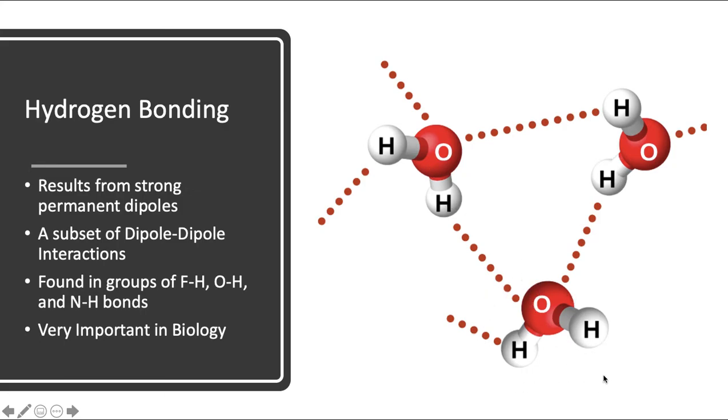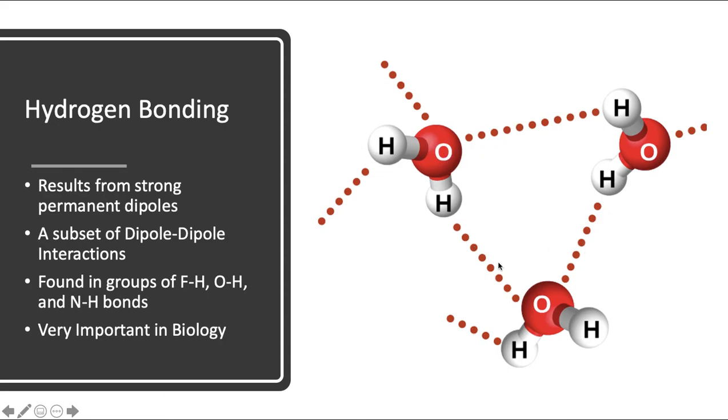And so here's my water molecule, and here's another, and here's another, and you can see that my oxygen, if I were to do a Lewis dot structure, would have a partial negative charge and the hydrogens have a partial positive charge. So the water molecules arrange themselves in such a way that the hydrogen of one molecule is attracted to the oxygen of another molecule.